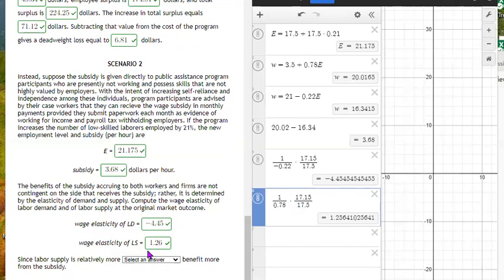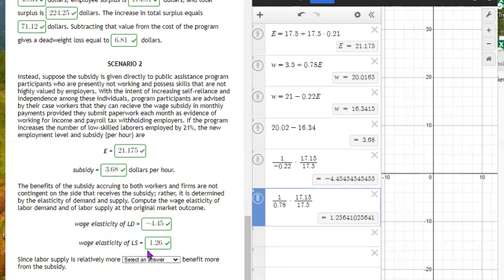Okay, so both labor demand and labor supply at the equilibrium are elastic. The wage elasticity of labor demand and the wage elasticity of labor supply at the initial equilibrium in absolute value are greater than 1. So demand is elastic and labor supply is elastic at the initial equilibrium.